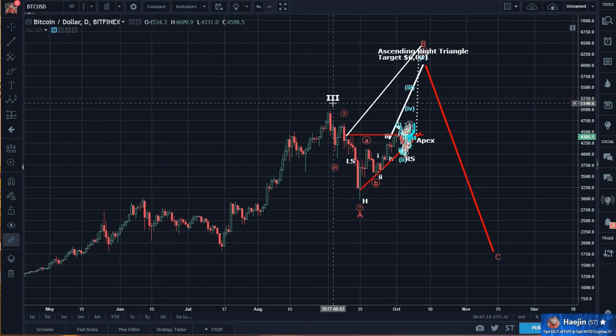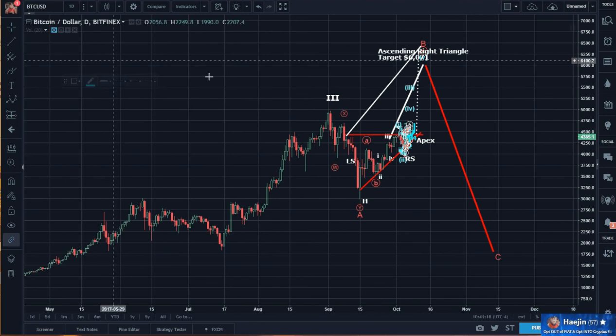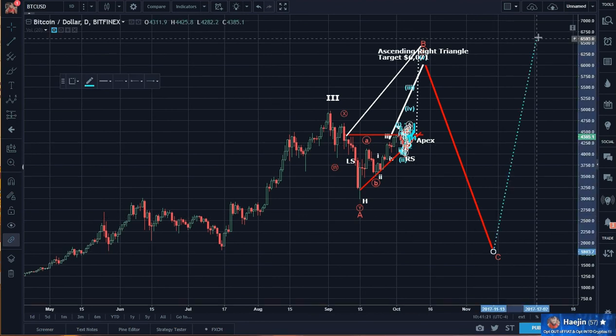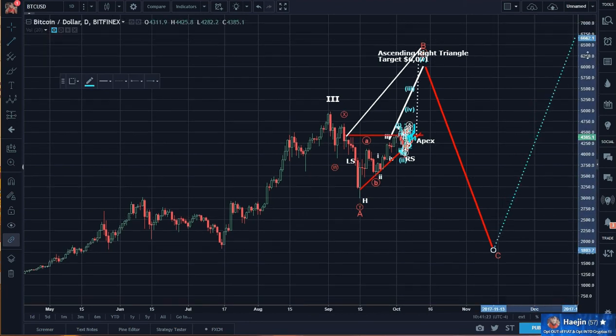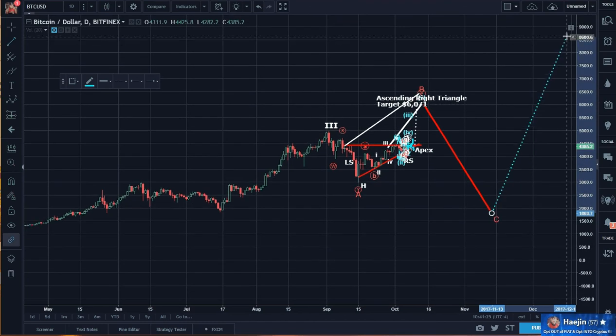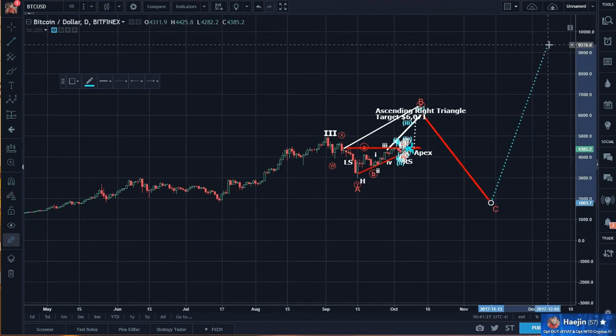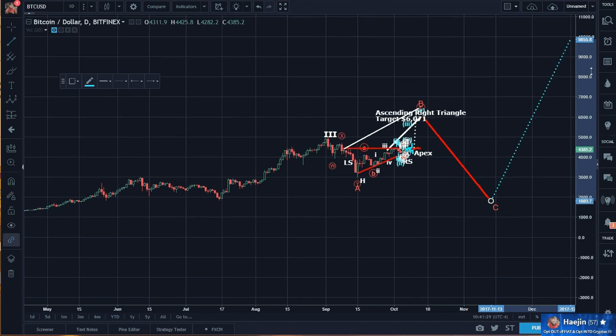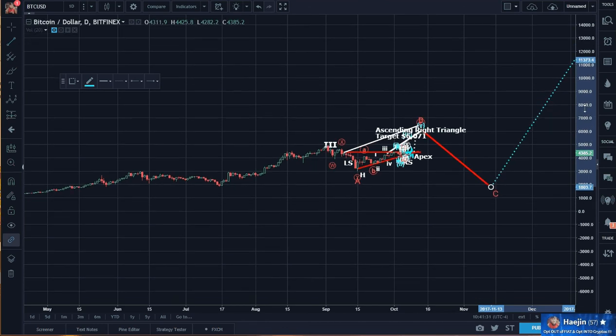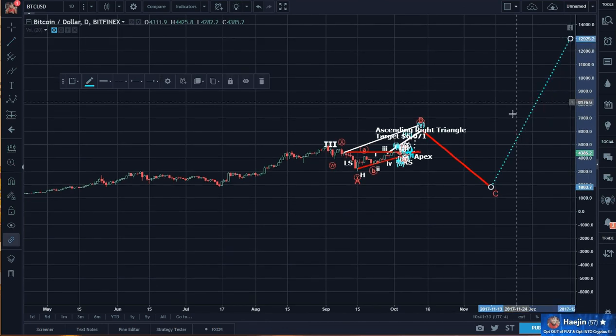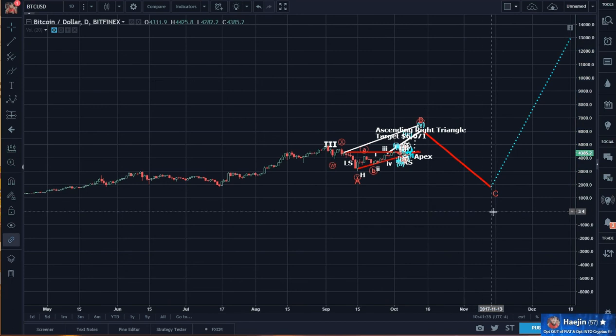Okay, so here's 3, A, B, C here will be 4. And then I was going to do a big picture analysis, but I might as well do it here, give an intro to it. Will be 5, where 5 will go to approximately, in my opinion, then 13,000. Okay, so that will be the wave 5.